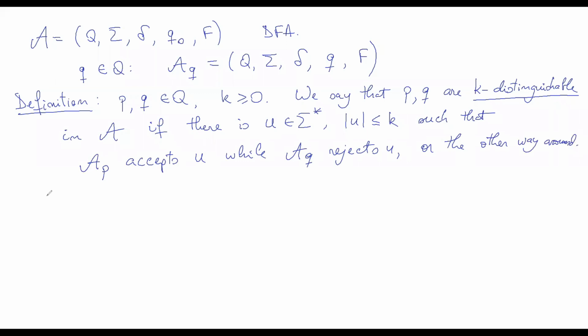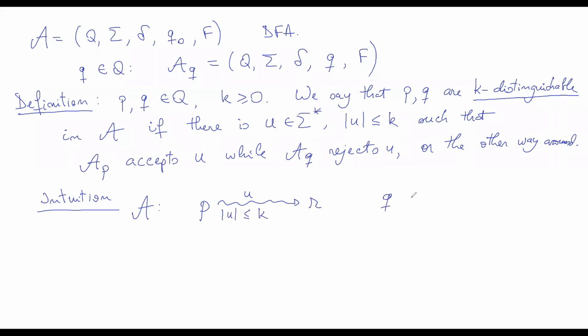So what this means really is that you will say that P and Q are k distinguishable if in the automaton A you will have something like this. You will have a computation starting from P and going with U, and the length of U is at most k.